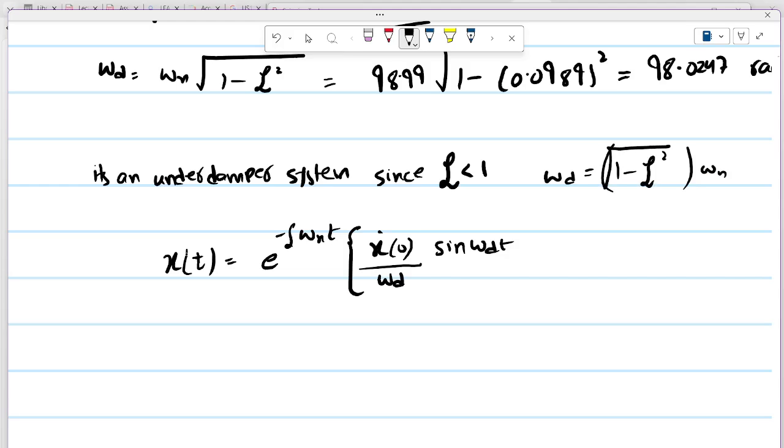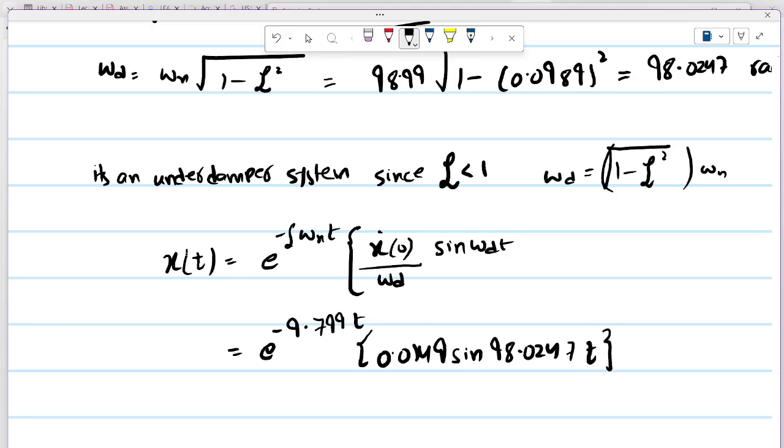If you substitute all of these values, it becomes e exponent minus 9.799 t into 0.0149 sine omega d t, that is 98.0247 t.